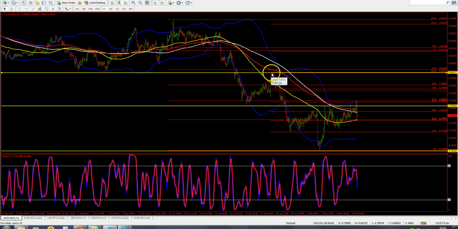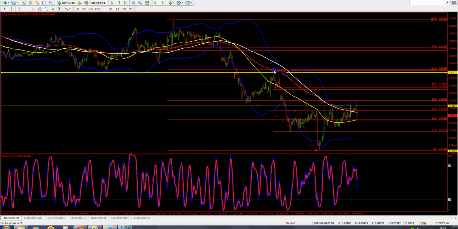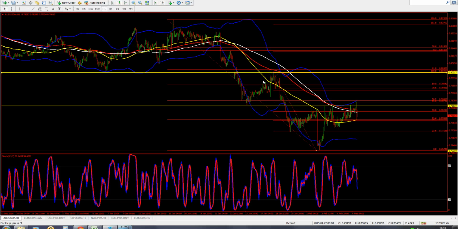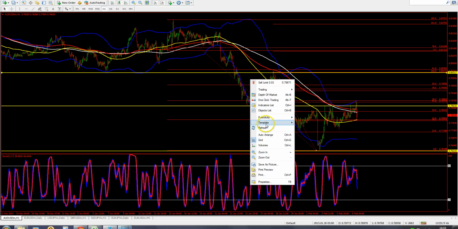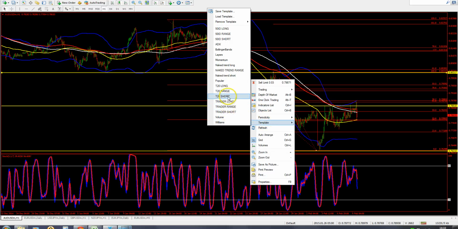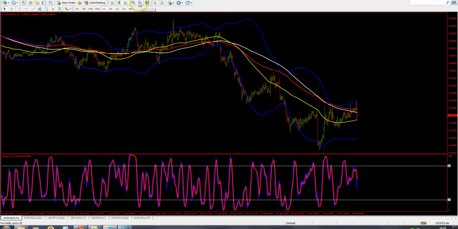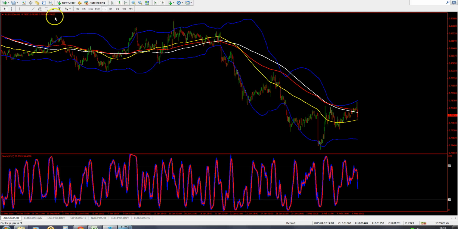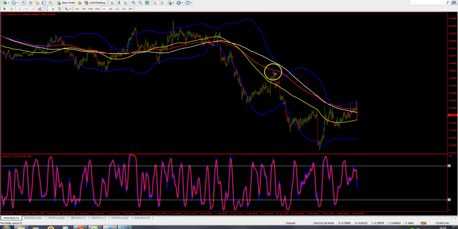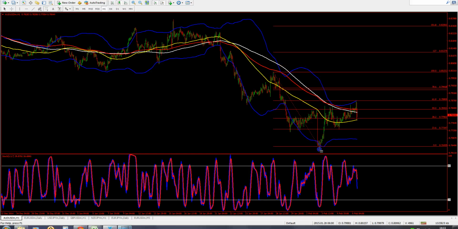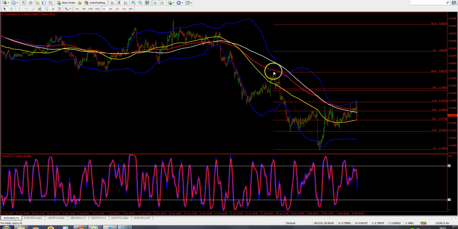Any other moves that you see, we've seen we drew the Fibonacci in here. What I'll do is I'll just refresh all this. So we can see there was a smaller move here from the top to the bottom, and we'll also draw in the longer term one.